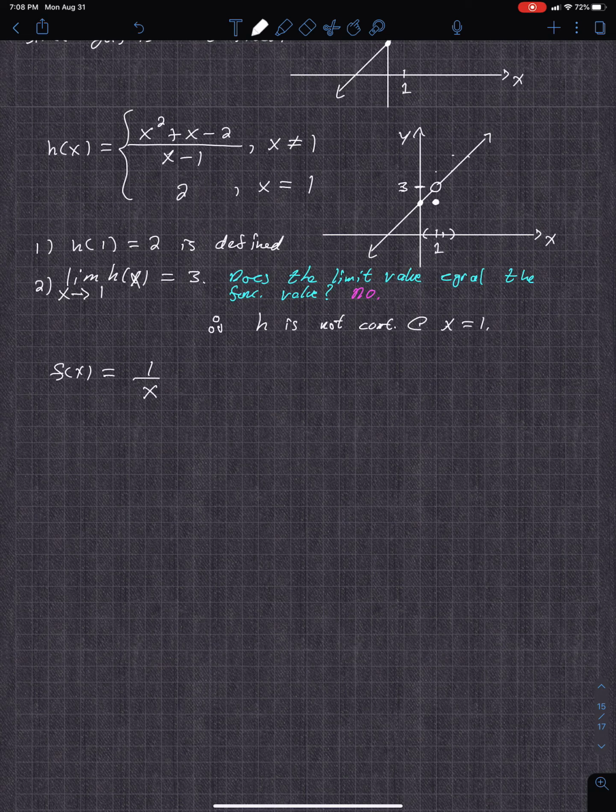If f of x is 1 over x, let's graph that thing first, because this one does come up a lot. Okay, so when you graph this thing, you get, so 1 is 1, right? But then it goes up like this, and then this one goes down like this.